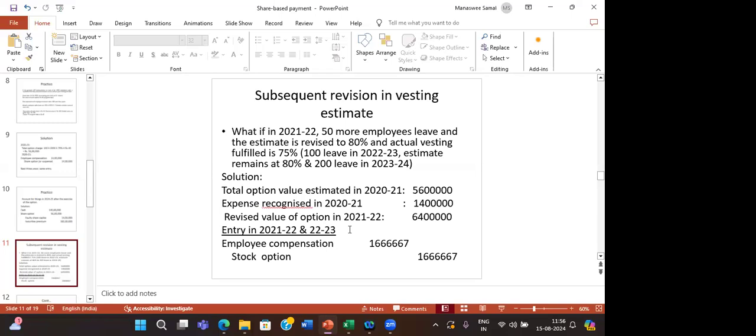We can't help it. I think in the class somebody had asked me why is that the GAAP is not taking the revised fair value. It's possible that the share price might go up a lot, might come down a lot, depending upon that the options value will swing. One of the issues in accounting is that there is a possibility that the option value will drop significantly.